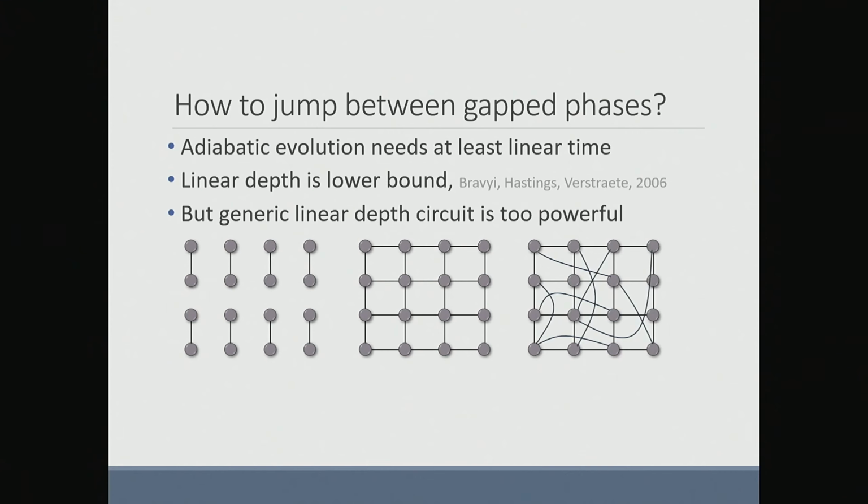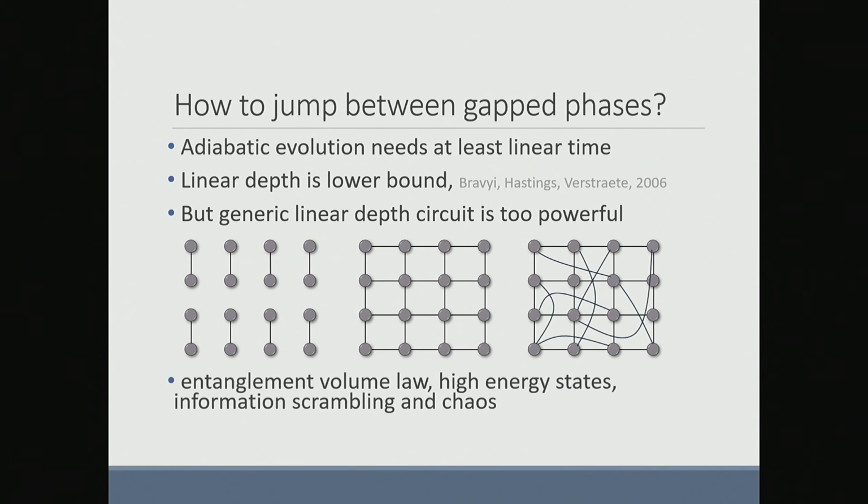But if we apply a circuit for a linear number of layers, that's going to create entanglement between basically everybody and everybody. So that's going to generate long-range entanglement. And it's going to lead to what people call entanglement volume law and lead to very high energy states. And people discuss this a lot in dynamics and in quantum gravity, about information scrambling and chaos. So even from the words, you can see that this is too much compared to what we are asking for.